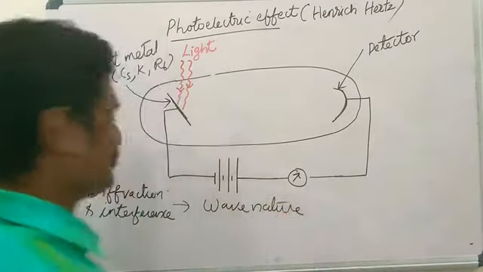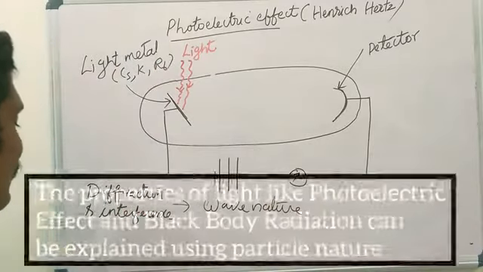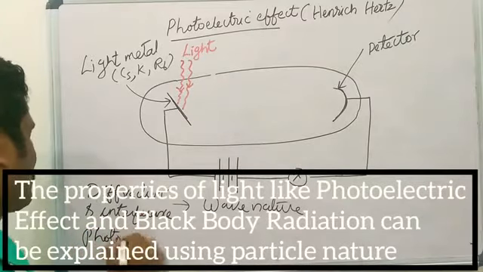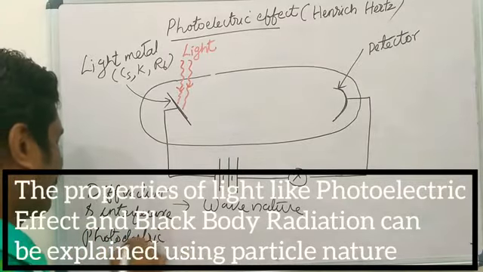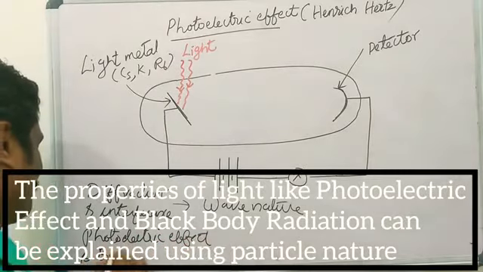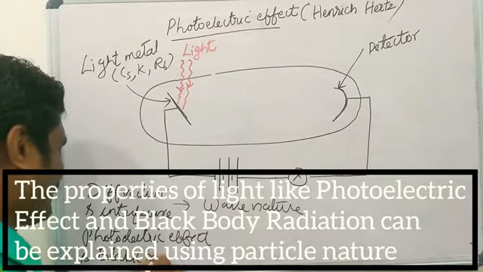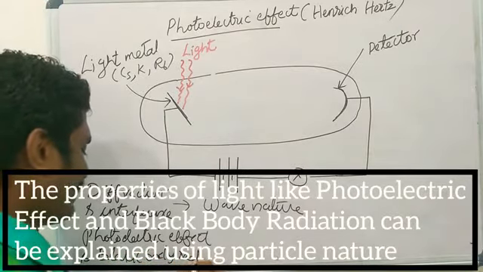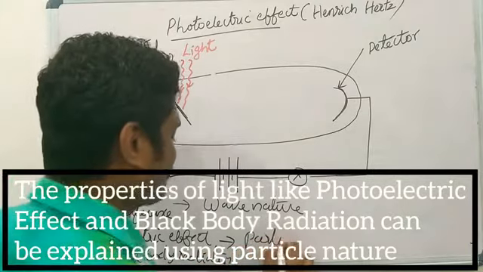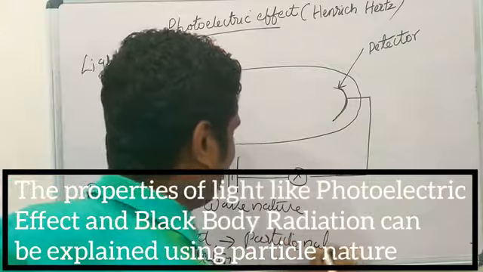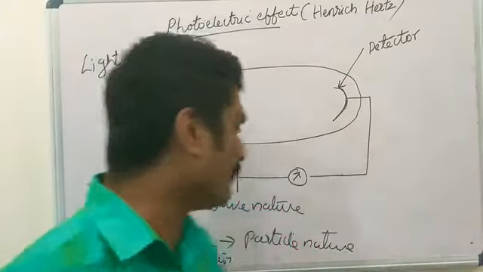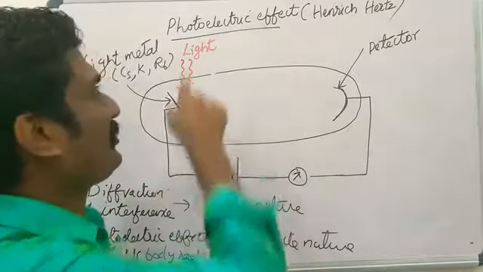And the properties of light like photoelectric effect and black body radiation can be explained using its particle nature. Okay students, today I am going to explain to you about a very important property of light, that is photoelectric effect.